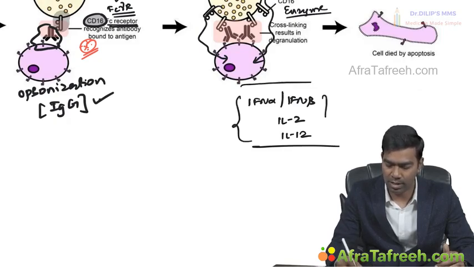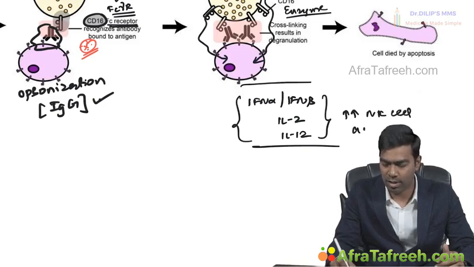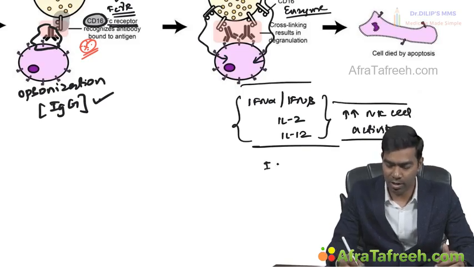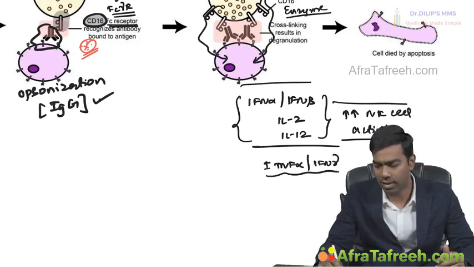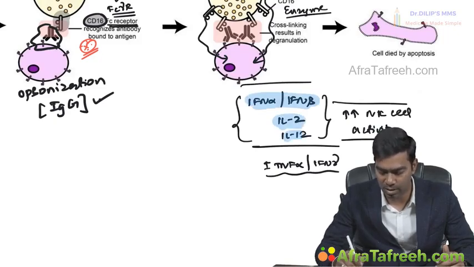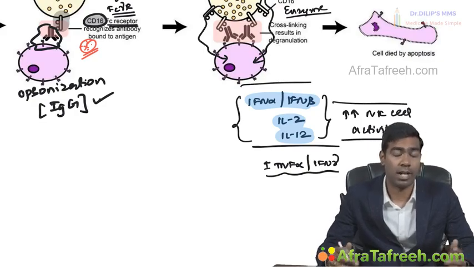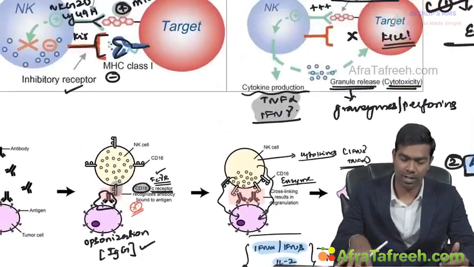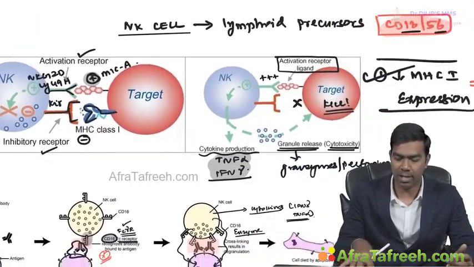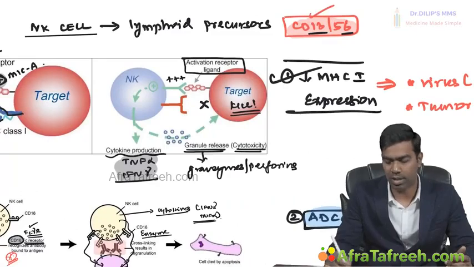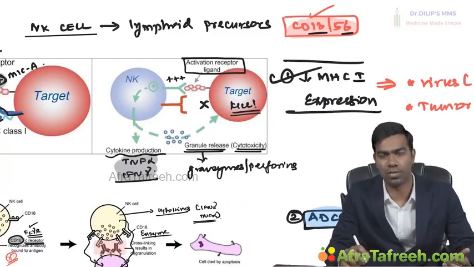So these are the cytokines that enhance the function of natural killer cells, with the addition, as I already told you, of TNF alpha and interferon gamma, which to an extent can also enhance the function of natural killer cells, but these are the major cytokines. But in the exam, the most important thing is the markers that you have to know, that is CD16 and CD56 for natural killer cells.